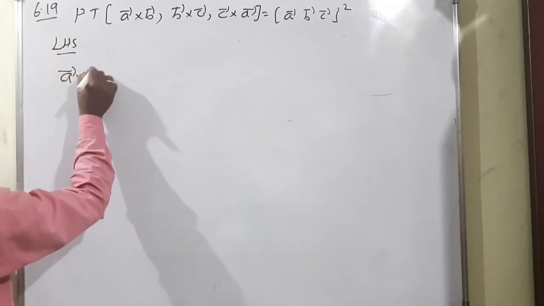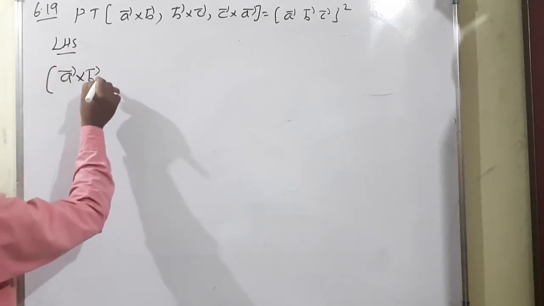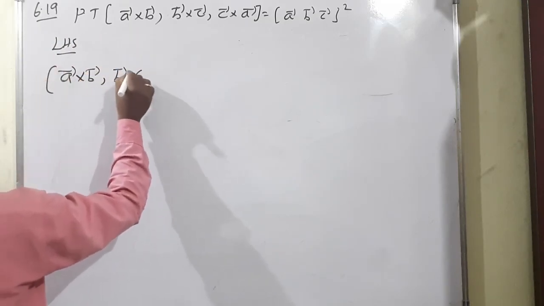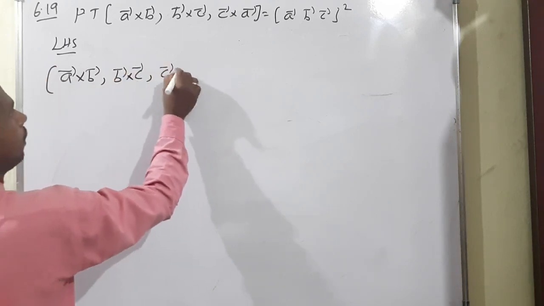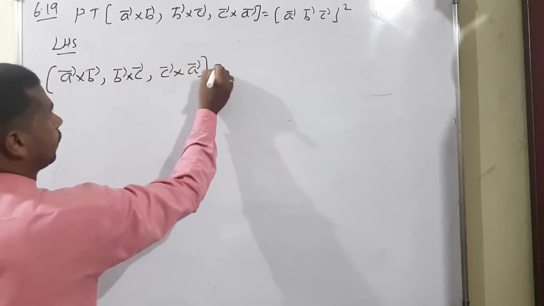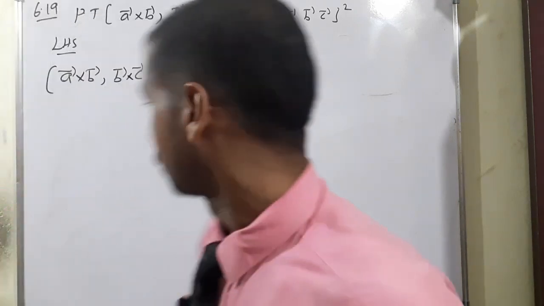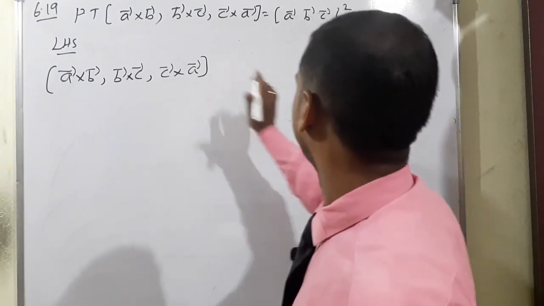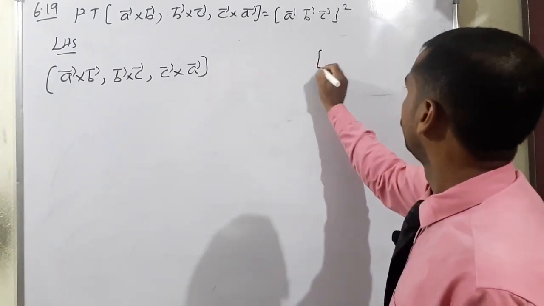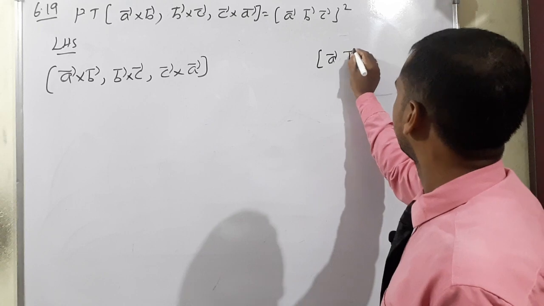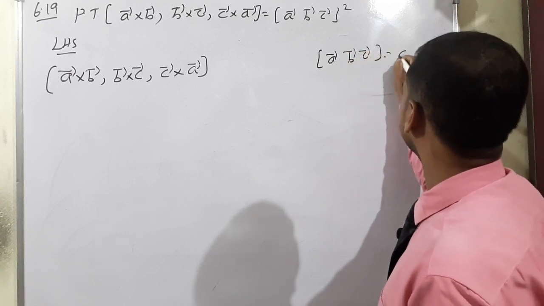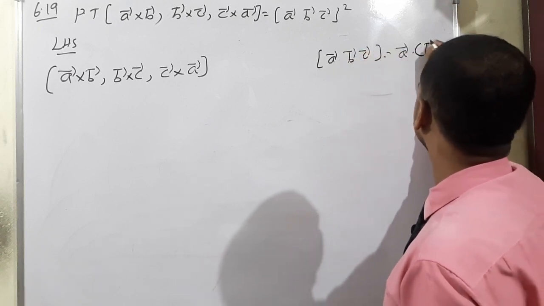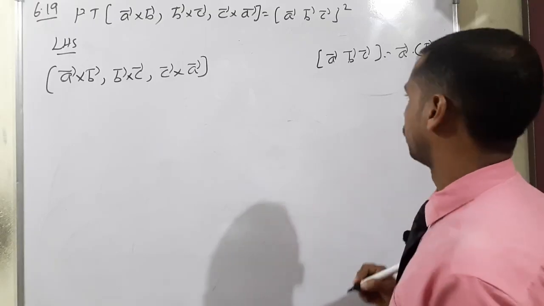A vector cross B vector, then comma B vector cross C vector comma C vector cross A vector. Just to consider for LHS, no need for equal to. Already we know box product A vector B vector C vector is equal to, what is the meaning? A vector dot B vector cross C vector.